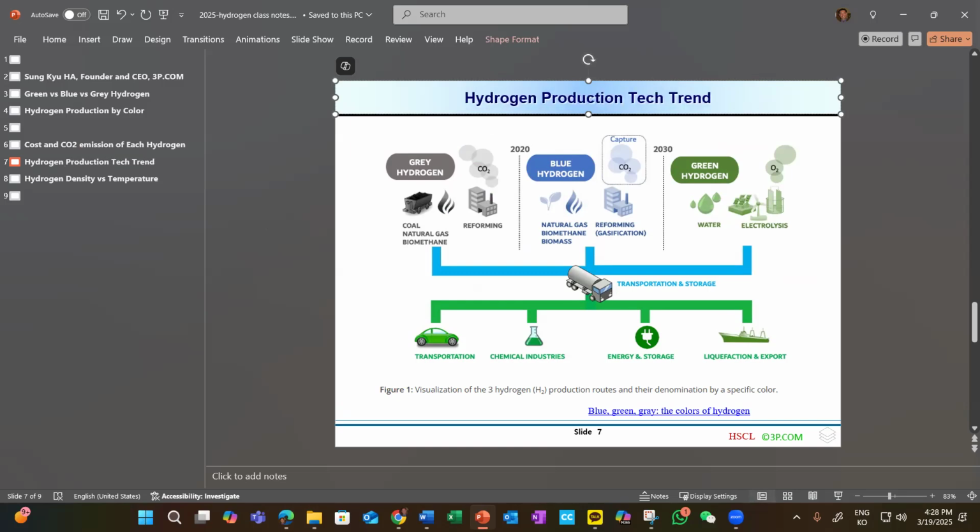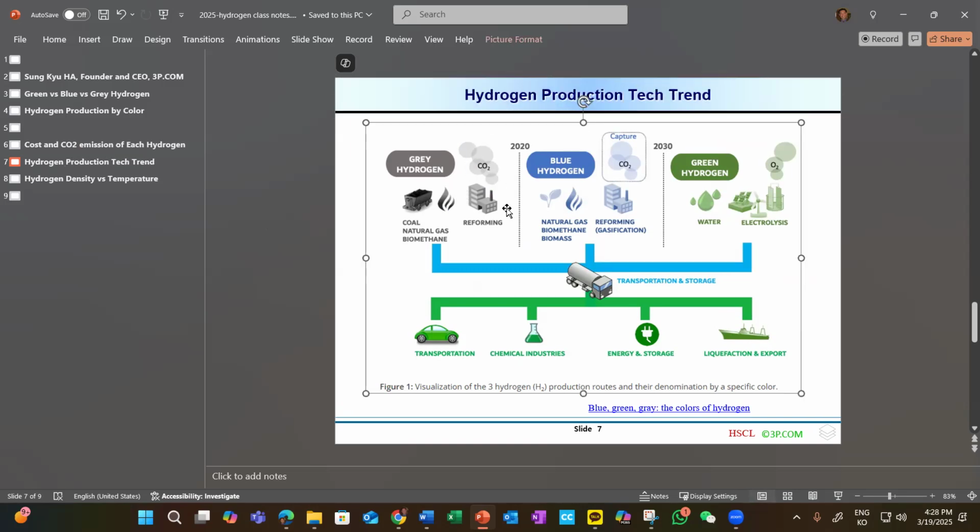So currently, or from 2020, we started to use gray hydrogen, but unfortunately, a large amount of CO2 is released together with H2.